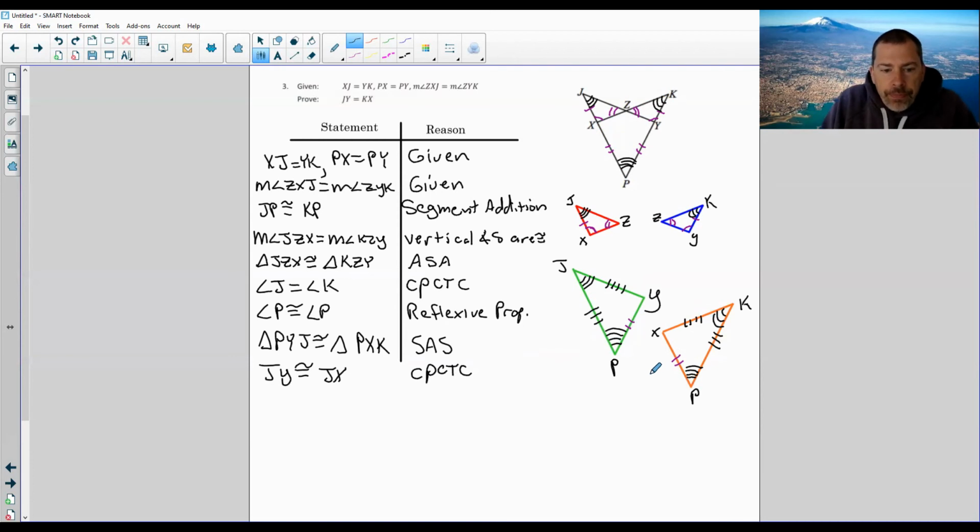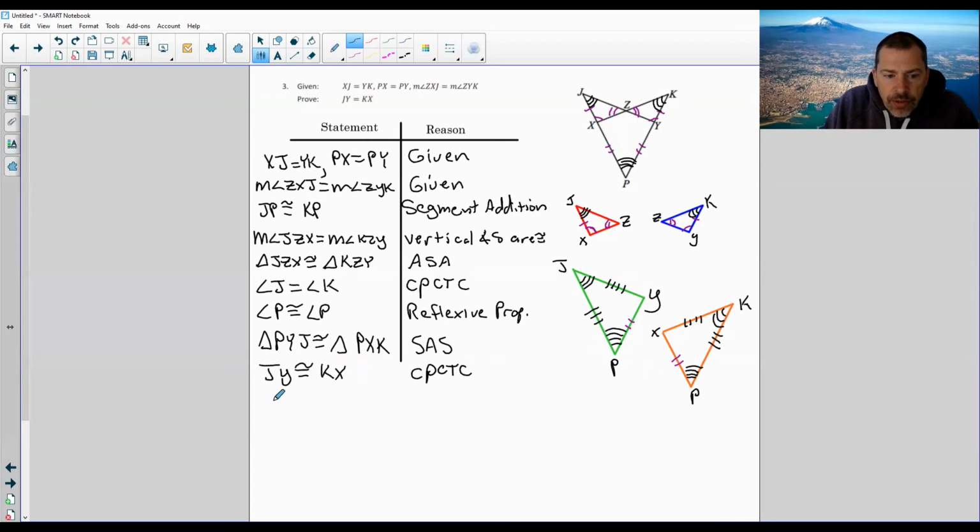No. JY is congruent to, not JX. There's a mistake. See, you always should pay attention to what you're doing. I didn't see a JX here, so I questioned it. I wrote it down wrong. It's KX. Okay. JY is congruent to KX. Corresponding parts congruent. Triangles congruent.